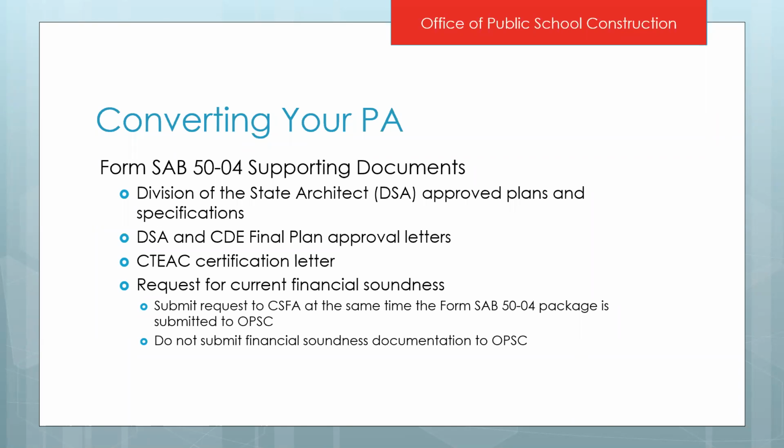Now, that last item, technically there isn't a document that you will submit with our application, but you will submit that request to CSFA at the same time you submit your conversion application to us.